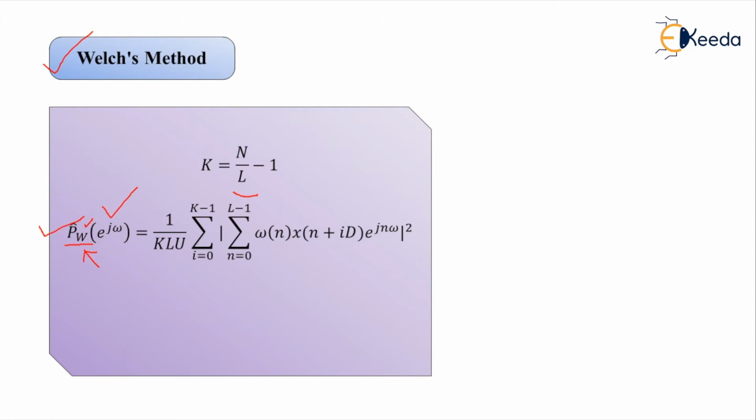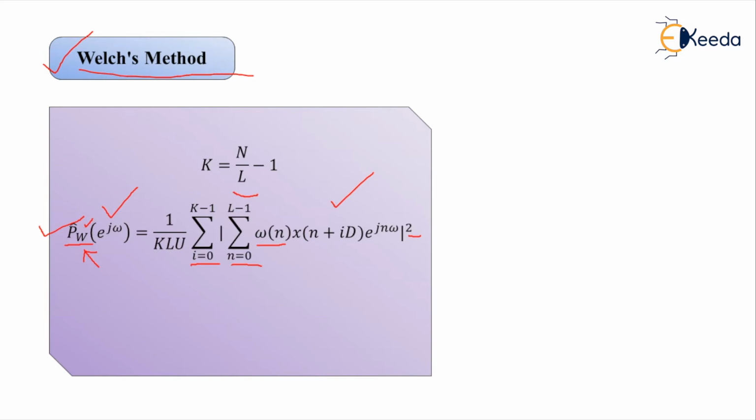The estimation is represented simply by the cap over the head of capital P. So it is 1 upon capital K, as we have computed in the previous cases, multiplied by capital L into capital U, with the summation over the index variable I from 0 to capital K minus 1 of the mod square of the summation over n from 0 to capital N minus 1, having W of n, that is the window, to represent the modified periodograms that we are supposed to average out in this method.